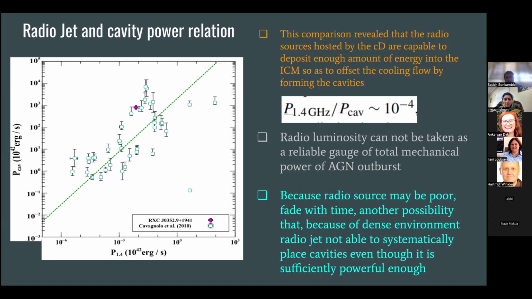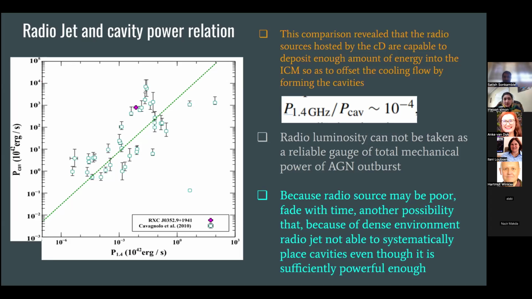The low power is because the radio AGN is a recurring object, meaning sometimes it switches on and sometimes it switches off the radiation. Because of that, the total measurement using the radio is not reliable, and it also fades with time.